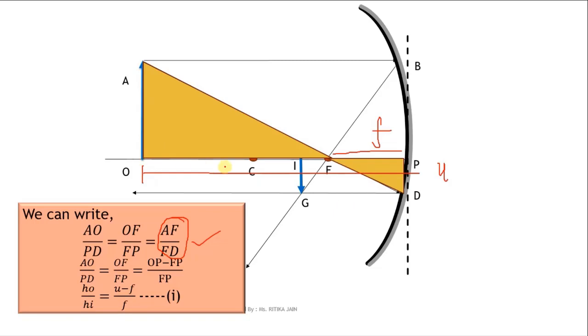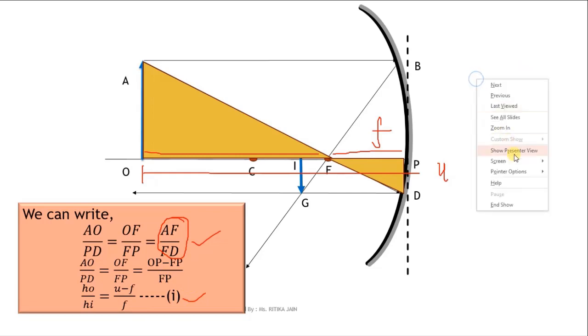So I can rewrite the value of OF in terms of u and f: it will be u minus f. FP is f, so put the value here. AO is the height of the object, represented by ho. PD is equal to the height of the image, so it will be written as hi. Mark this as equation 1.